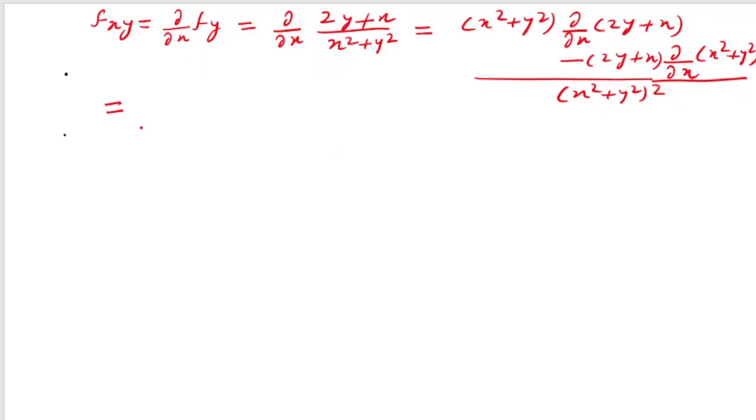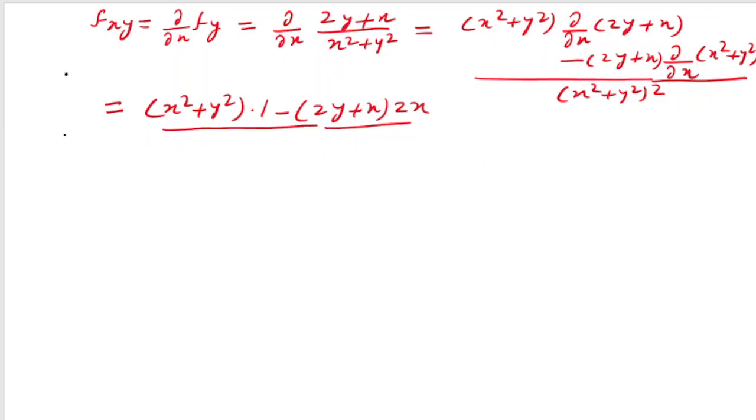So what I will get? I will get x square plus y square, and del by del x of this will give me 1, and minus 2y plus x, and del by del x of x square plus y square will give me 2x and divided by x square plus y square whole square.